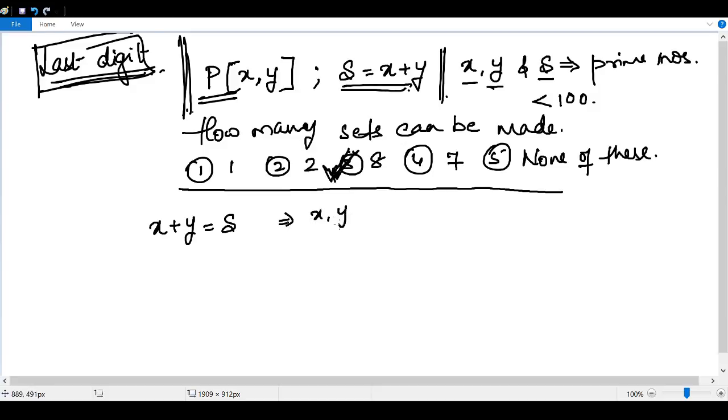That x, y and s all are prime numbers. I'm going to go a bit slow here so that I do not have to repeat again. X plus y is equal to s, and the condition is x, y and s are all prime numbers.